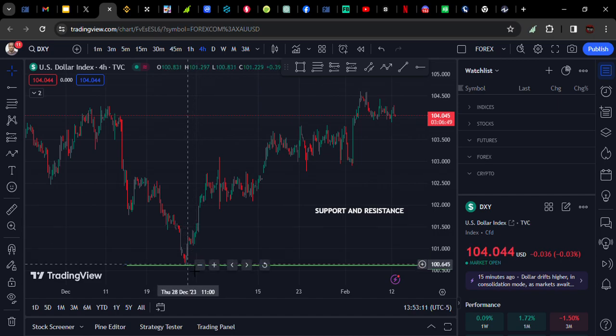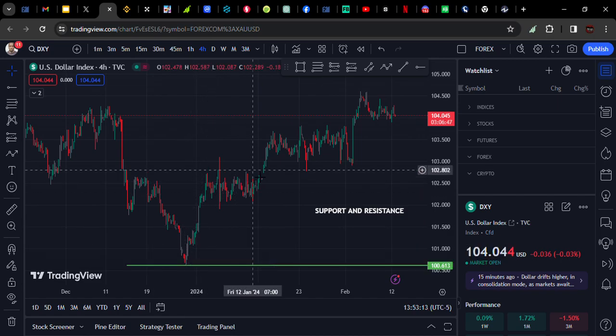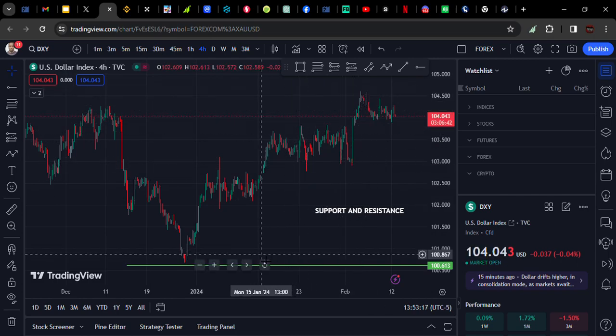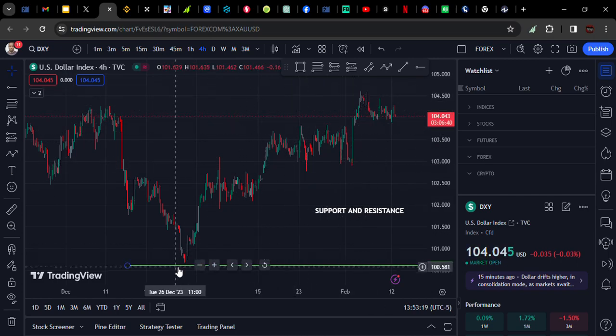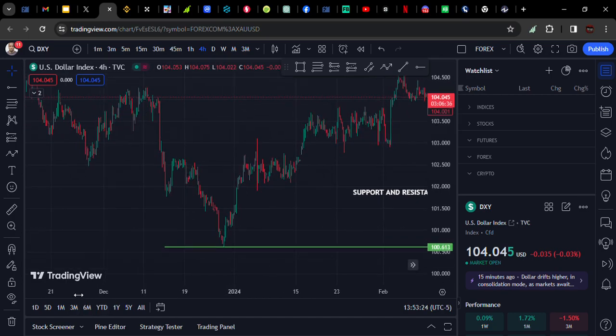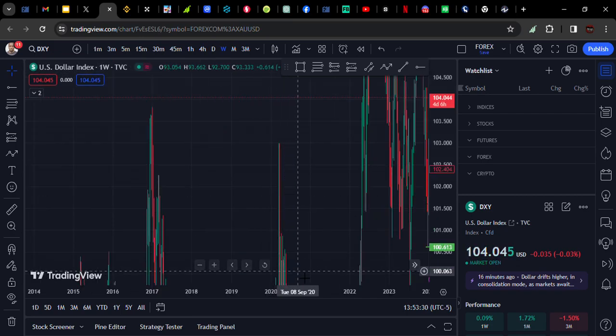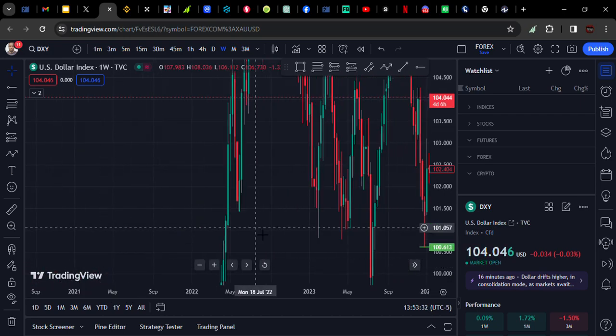That means buyers came in from here and bought, and price started going back up all the way to where it is now, right? So that's what is called support. The point in the market where there are a lot of buyers waiting to take what? Buy trades.